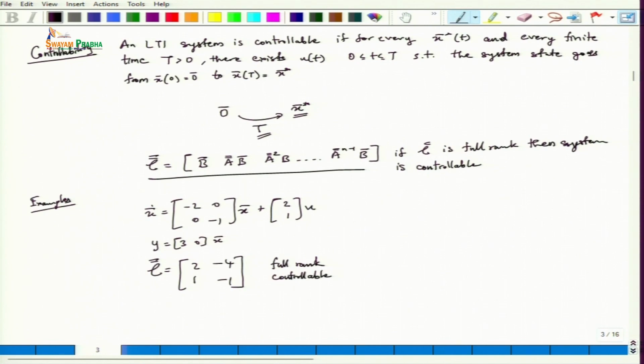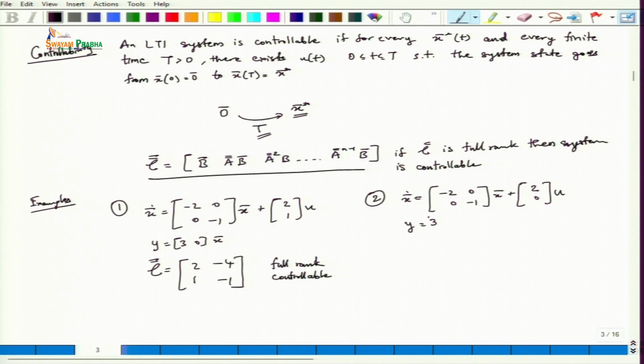Now let us consider another example. So this was our first example. Let us more or less take the same system but make just a few changes here. So we have minus 2, 0, 0, minus 1. The only thing we are going to change is here: in the first example we had 2 and 1, now we are going to put 2 and 0.